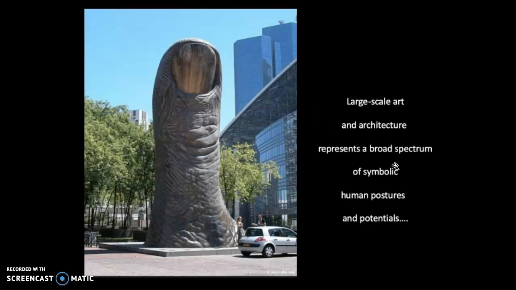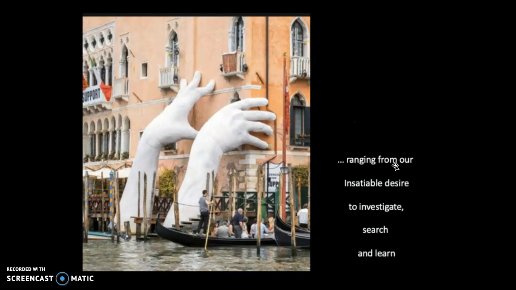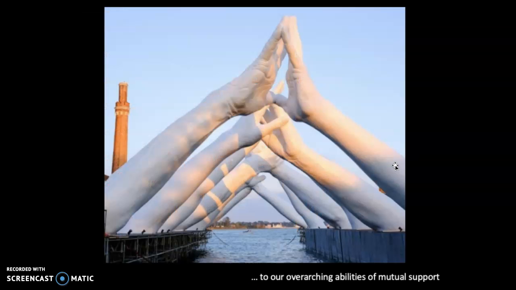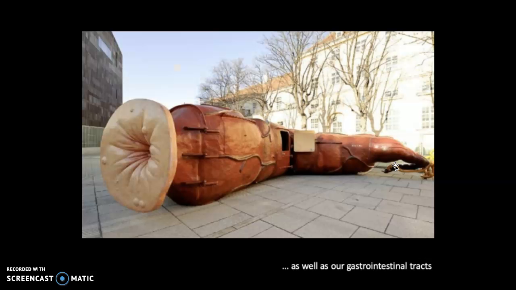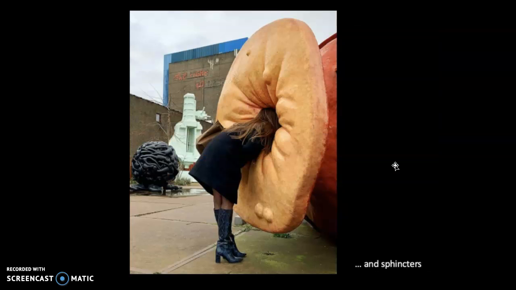Large-scale art and architecture represents a broad spectrum of symbols, human postures, and potentials, ranging from our insatiable desire to investigate, search, and learn, to our overreaching abilities of mutual support, which are just amazing, to our capacities for intelligent observations, rational action, and altruism, as well as our gastrointestinal tracts and sphincters, which sometimes we bow to more than anything else.